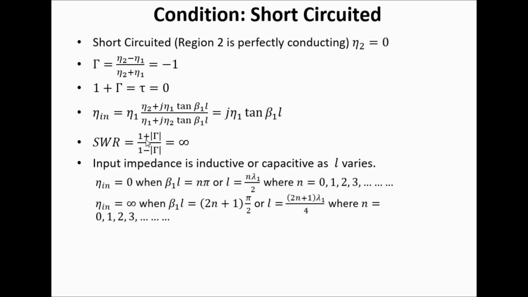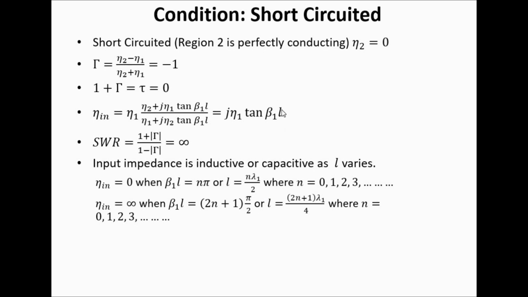And the standing wave ratio is (1 plus gamma) over (1 minus gamma), equal to infinity. As gamma equals negative 1, this will be 1 plus 1 is 2 over 1 minus minus 1, which is 0. That means infinity. The input impedance is inductive or capacitive as L varies. Input impedance is 0 when beta L equals n pi. Input impedance will be infinity where beta L equals this one.